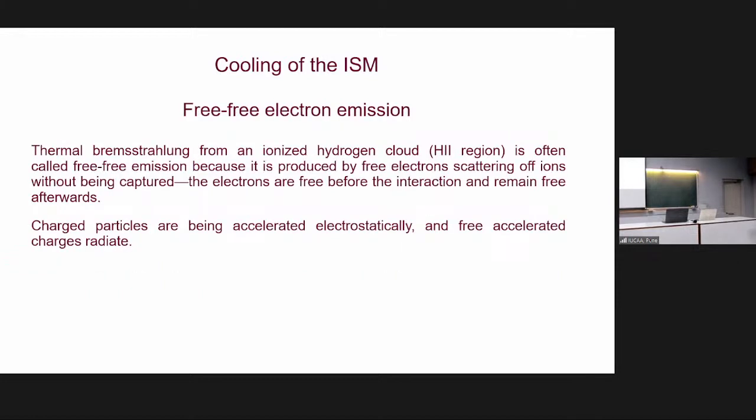And free-free emission means an electron is free, it is moving at some speed, and it comes close to some positively charged system, and then it loses speed. It is like applying brakes to your vehicle. When it is losing speed, the deceleration of a charged particle leads to continuous emission. So that continuous emission actually leads to the cooling of the ISM.